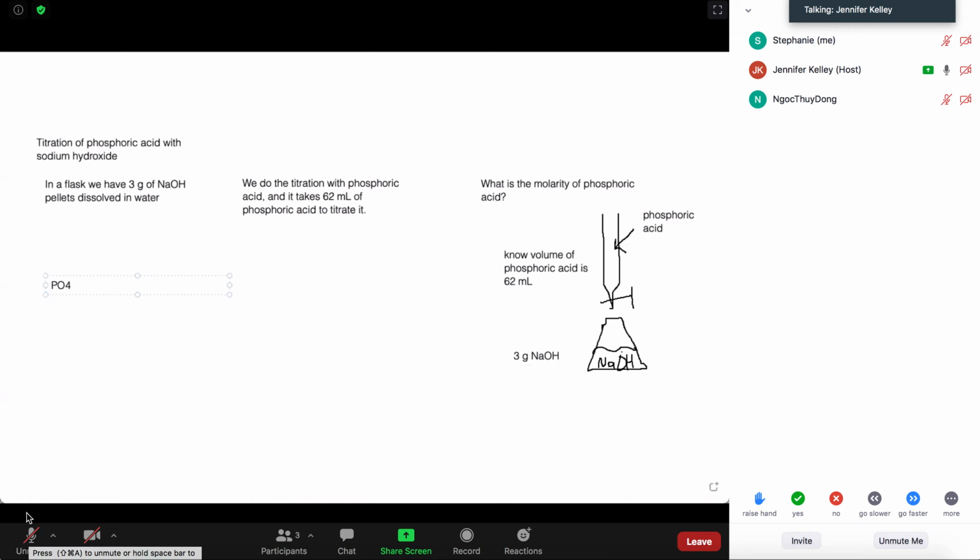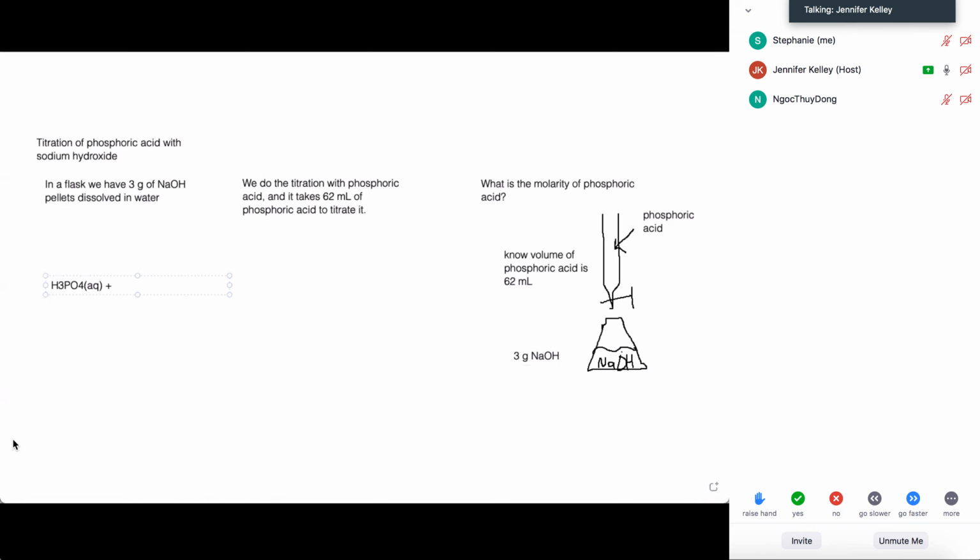The charge is 3-. So this is just memorizing those polyatomic ions. And then we have H mixed with PO4. H's are +1, PO4 is 3-. So it's going to take 3 H's to balance out that negative charge. So that'll be H3PO4, and that's aqueous. And we're going to add that to some sodium hydroxide.